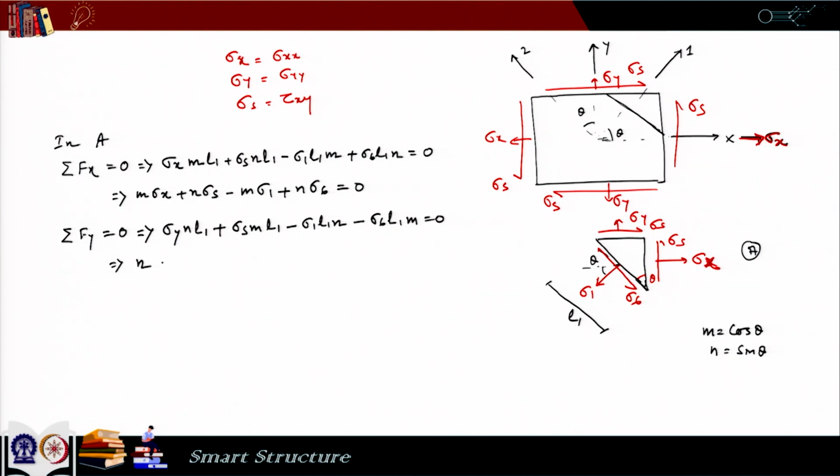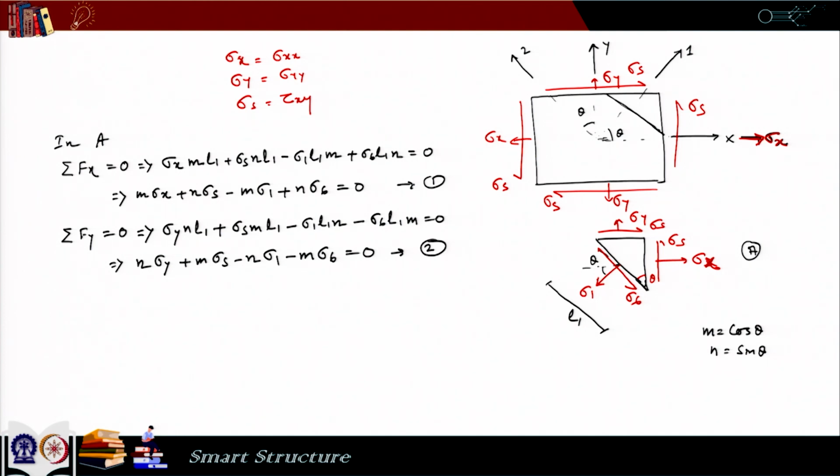That gives us n sigma y plus m sigma s minus n sigma 1 minus m sigma 6 equal to 0. Let us call this equation 1 and this equation 2.